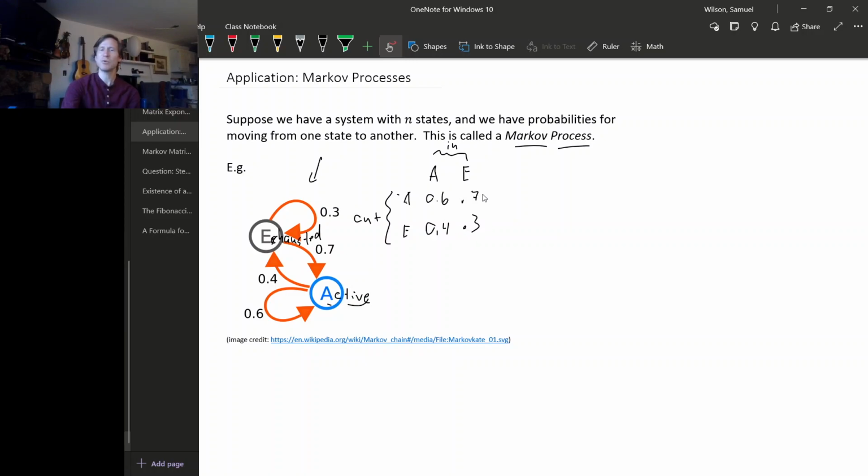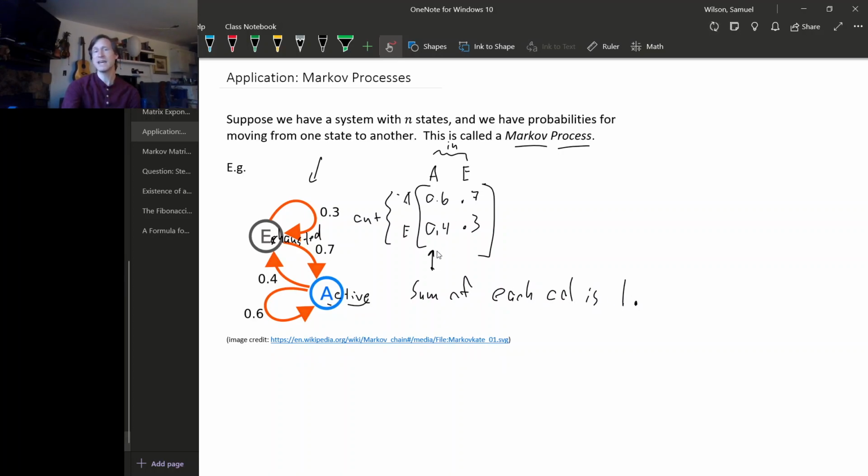So you can see that one way to describe a Markov process is actually with a matrix. We have a square matrix. And the characteristic thing about this matrix that makes it make sense as a Markov process is that the sum of each column is 1.